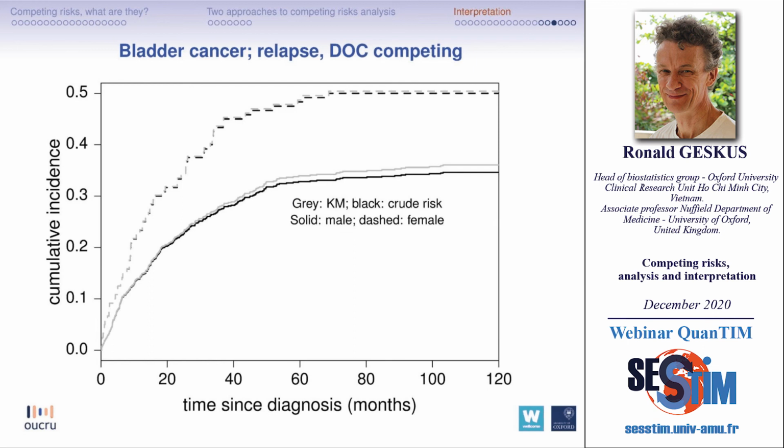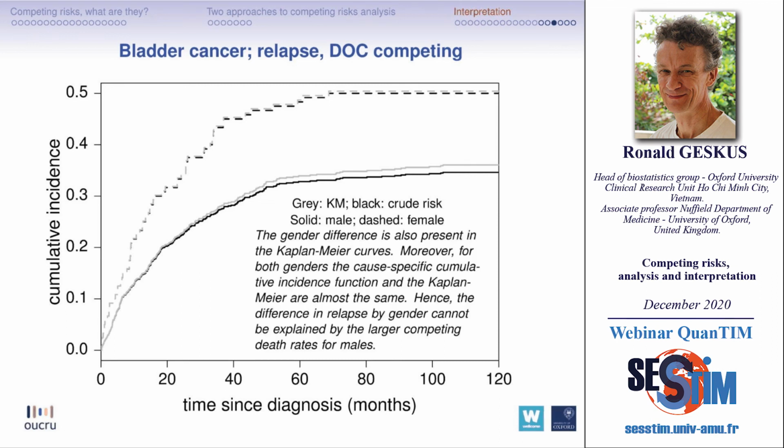You see that the curves are almost the same. So the solid curves are the crude risks, the gray curves are the net risks for relapse. But I told you a couple of times during my presentation, this Kaplan-Meier only makes sense if we can assume that mortality and relapse are completely independent mechanisms.